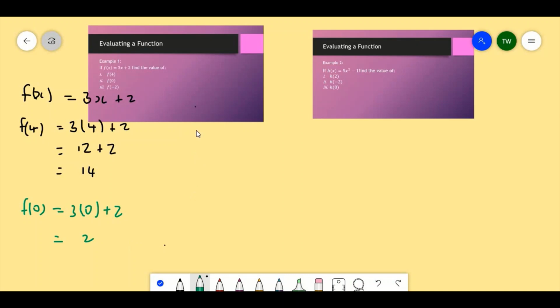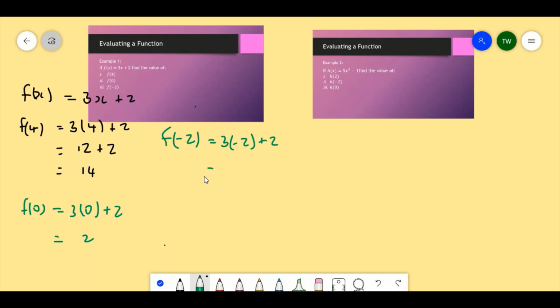Now we want to find f of negative 2. It's the same idea, just substitution. So f of negative 2 is going to equal 3. Instead of writing back x, you replace x with negative 2. And you put back here plus 2.